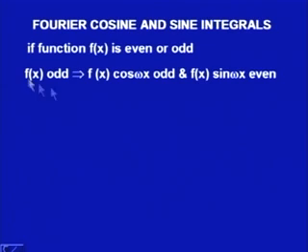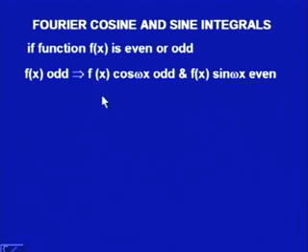if the function is odd, then f(x) cos ωx is also odd, because the product of an odd and an even function is odd, and f(x) sin ωx is an odd function multiplied with an odd function. The product of an odd and an odd function is even, so f(x) sin ωx would be even.